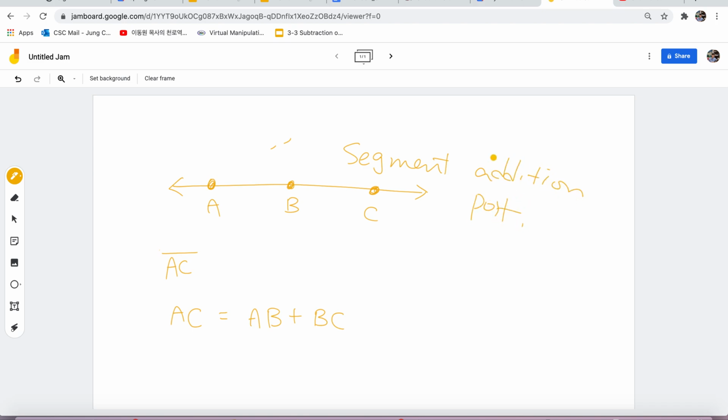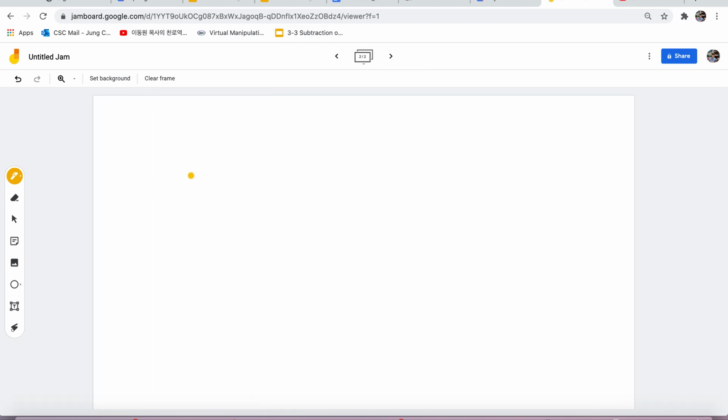Similar to that, if you have an angle and there's another angle in between, by using the same vertex and adjacent ray there, let's put A, B, C, D as the points there, then we have two angles: angle ABC, I'm talking about this angle, plus angle CBD.